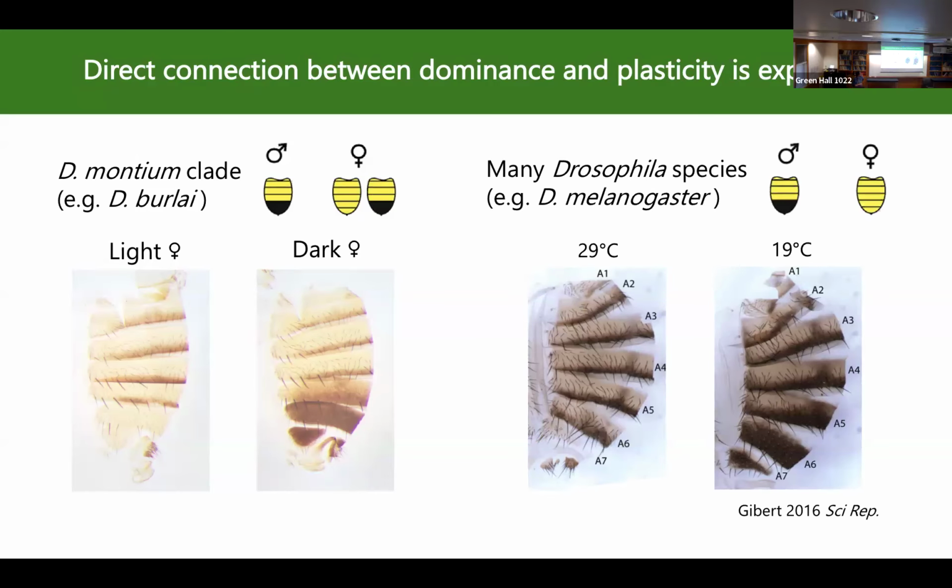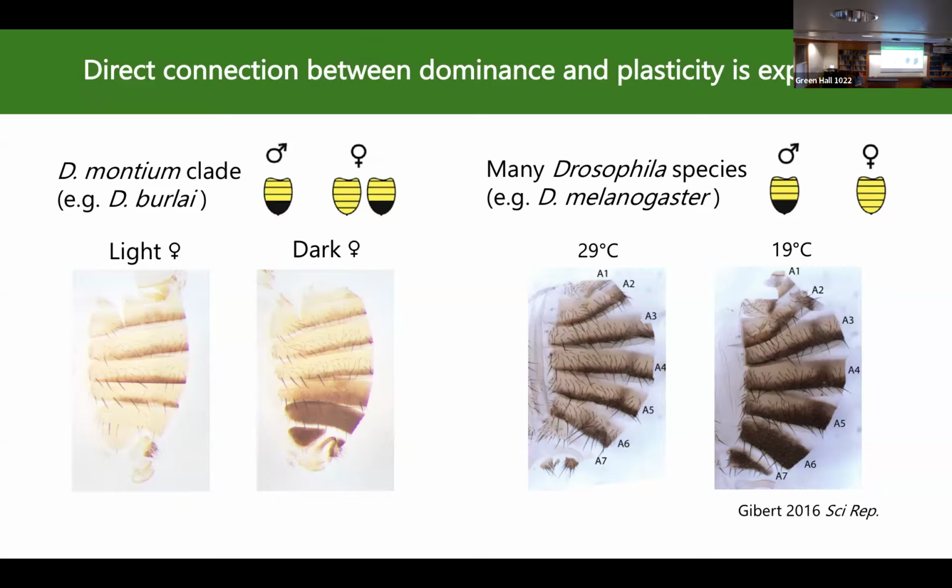When they are reared at a higher temperature, they show the light phenotype, which looks similar to the light phenotype in the montium clade. When they are reared at a lower temperature, the pigmentation is much darker, and it looks like a dark female in the montium clade.